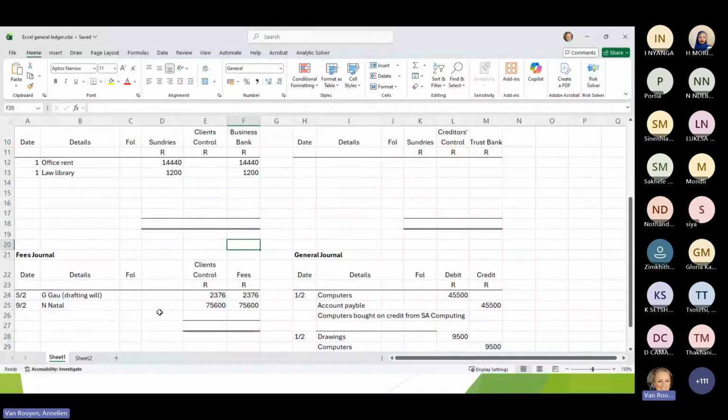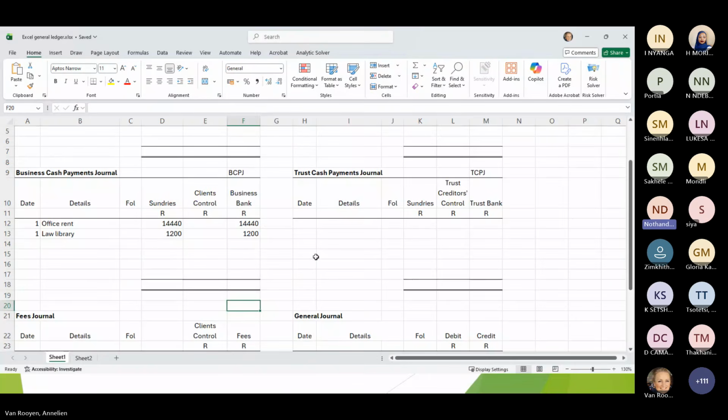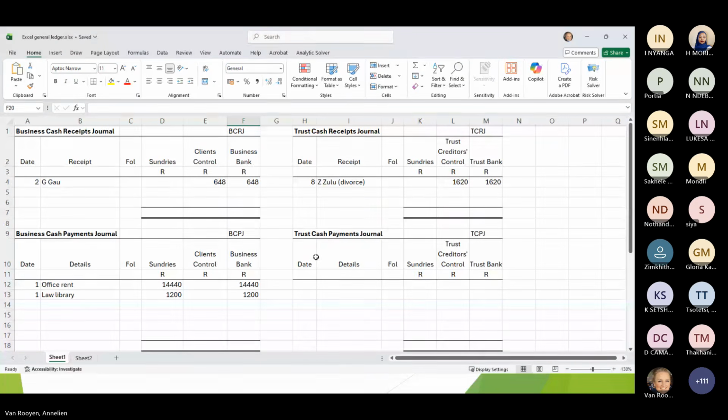Now, if we continue reading, it says, and Africa Attorneys receives payment in cash for the full amount. Receives cash. Which journal are we going to put this in now? It's the cash receipts, business cash receipts or trust cash receipts?